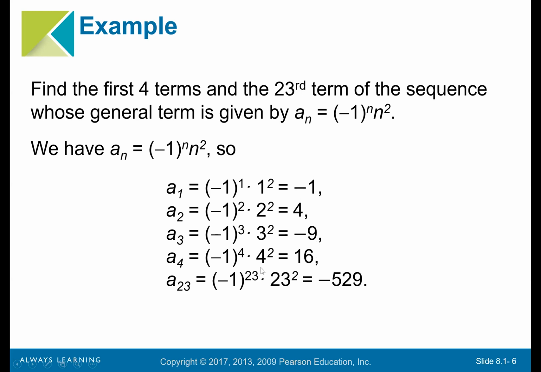And when you raise negative 1 to a power, if you raise it to an odd power, it's negative. If you raise it to an even power, it's positive. And then times 23 squared, which gives us negative 529. So basically all the odd terms, like the first term, the third term, the 23rd term would be negative in this case. And all the even terms would be positive.